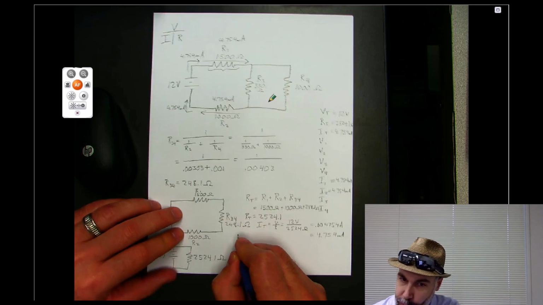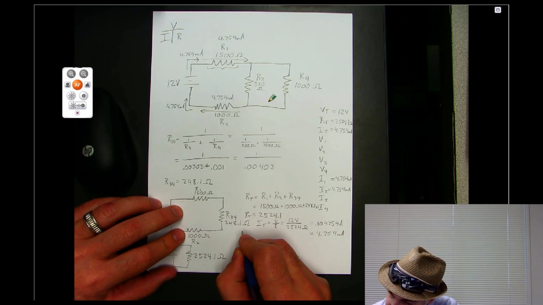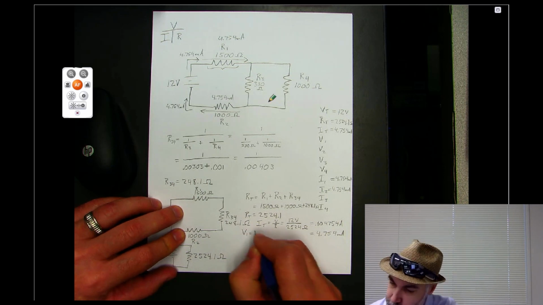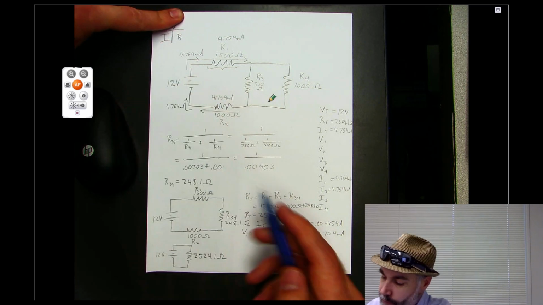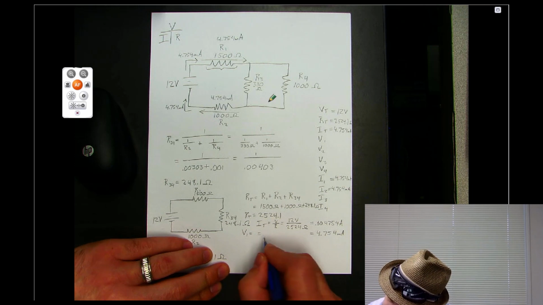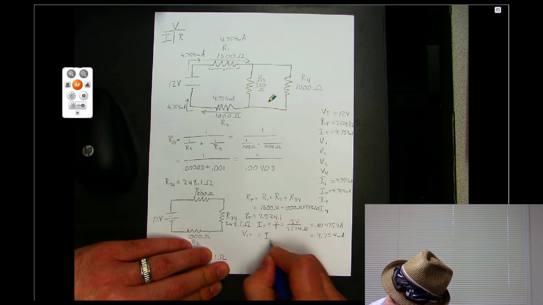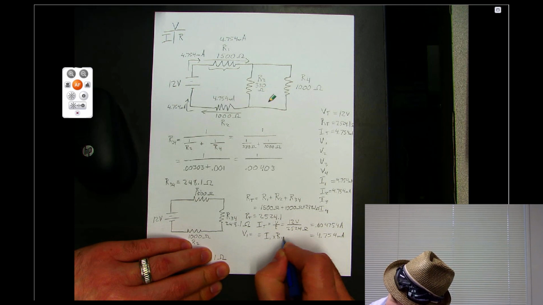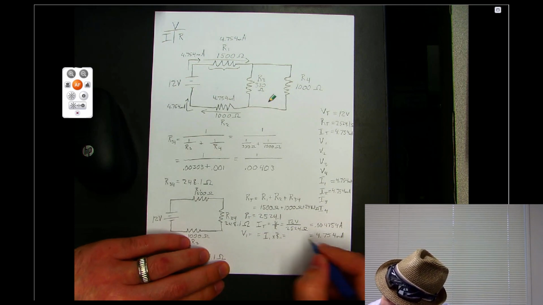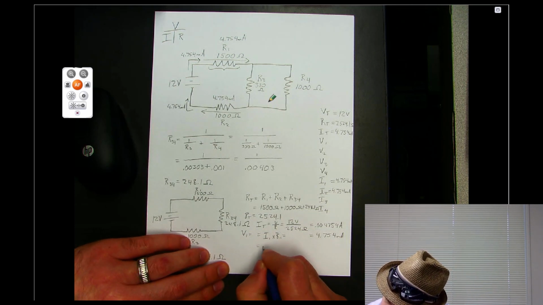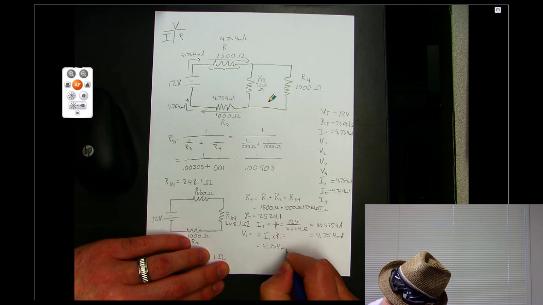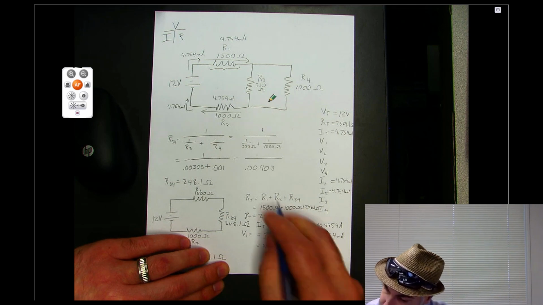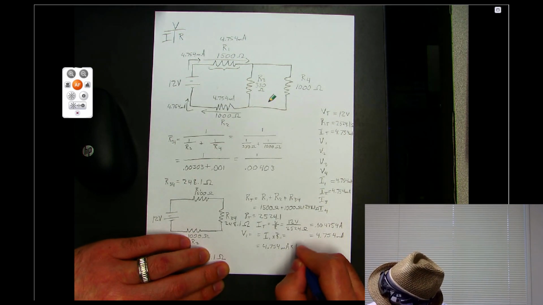We'll come down here where we have a little room on our paper, and we say that V1 equals, we cover that up, we see that V equals I times R, so that equals I1 times R1, so that equals 4.754 milliamps times 1,500 ohms.